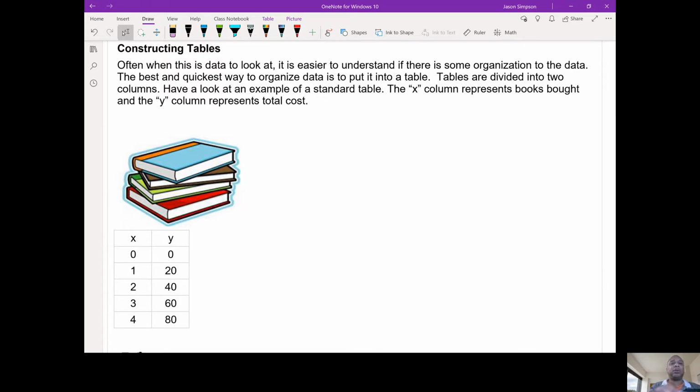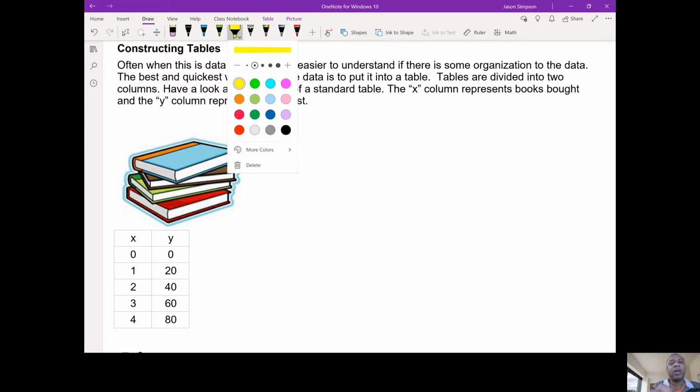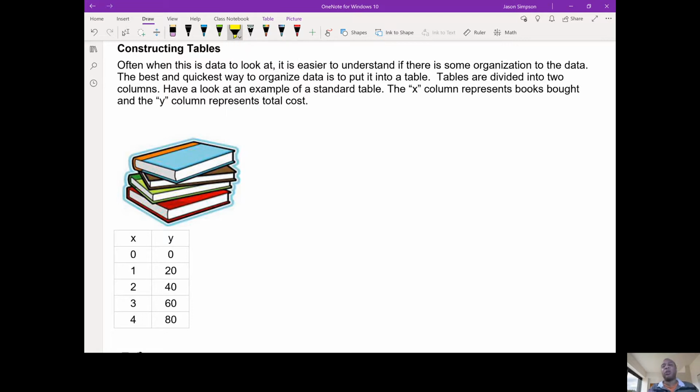Often, when we are looking at data, people tend to have some way of keeping that information organized. That information we often call data. So anytime you hear the term information, we're really talking about data. Now, the best and quickest way to organize data is to put our information into a table.